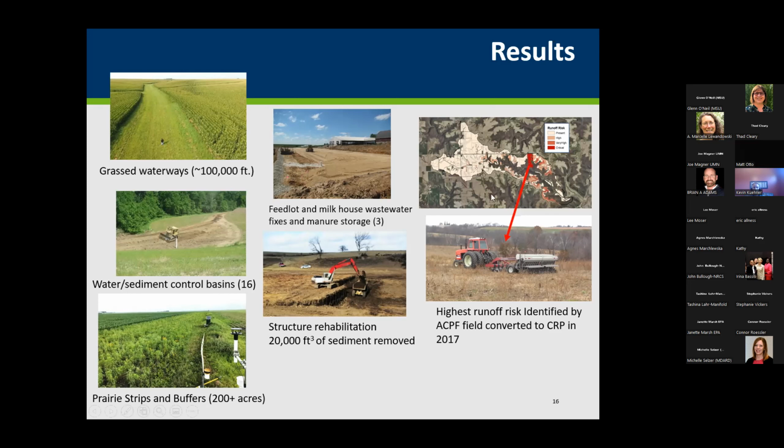One of the most interesting ones was in our Bluffland watershed. This was just showing again that runoff risk output from ACPF, and this one particular field showed up as being one of the most critical in that watershed because of the steep slope and the proximity to the stream. And so in those conversations with the producer, the local soil and water office laid out a variety of different options for them.